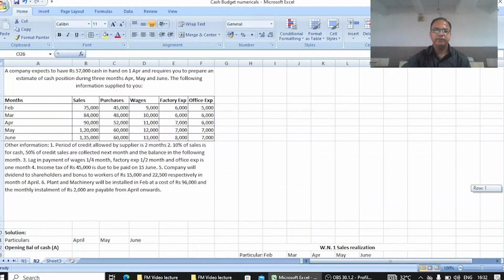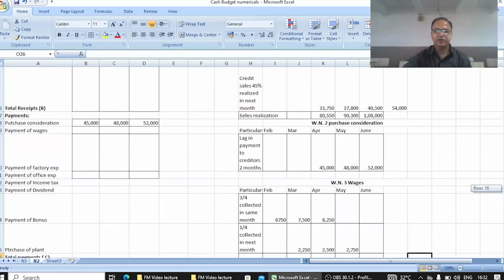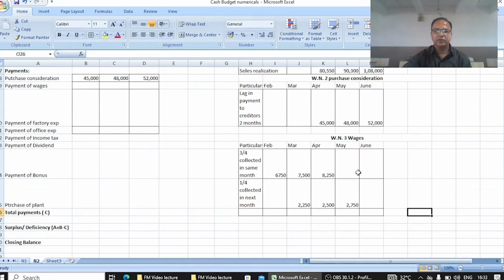May. 9, 10, 11, 12, 13. 12 means 9,000 here and 3,000 here. 13 means 9,750 here and 3,250 here.